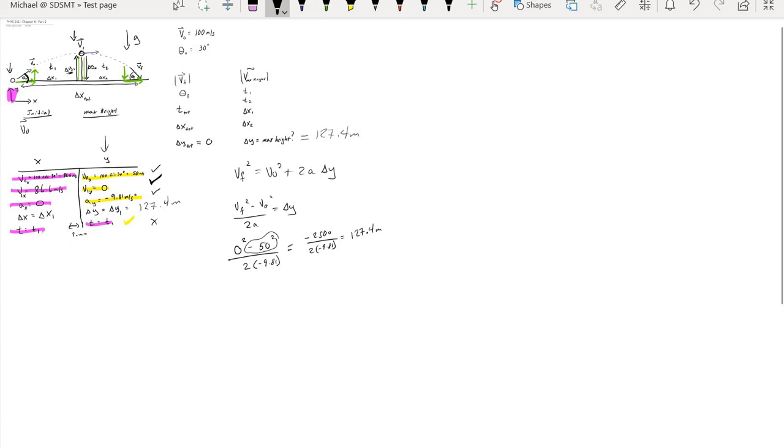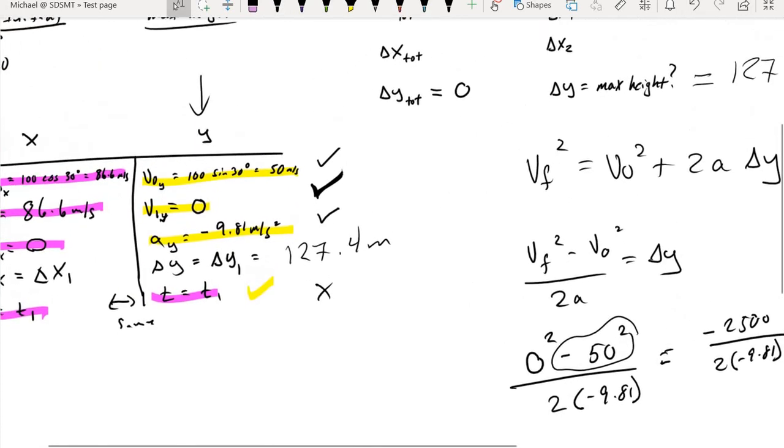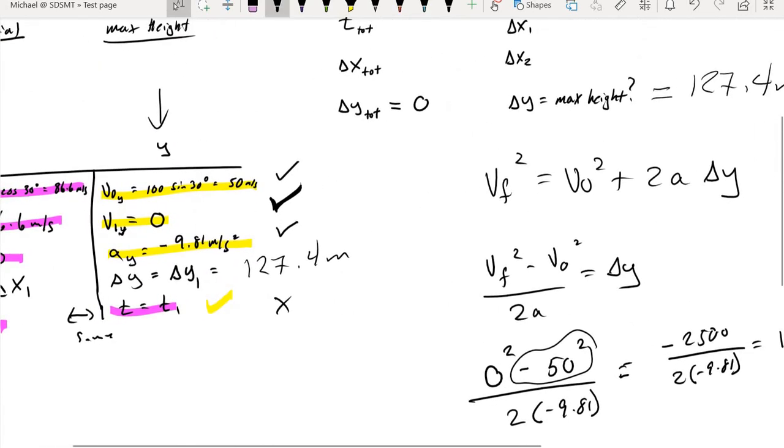Now we will move on to the time of flight, T1. I want to find the time. I again want to use given information.